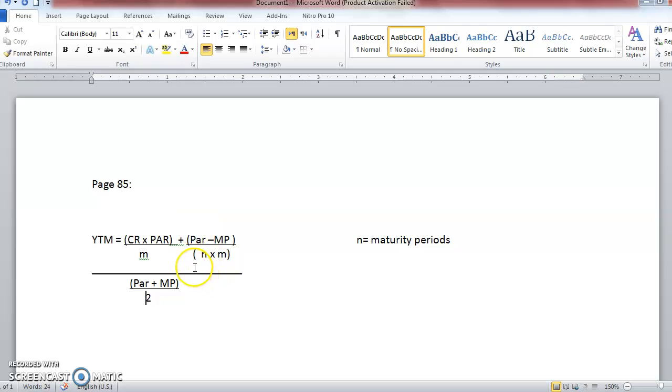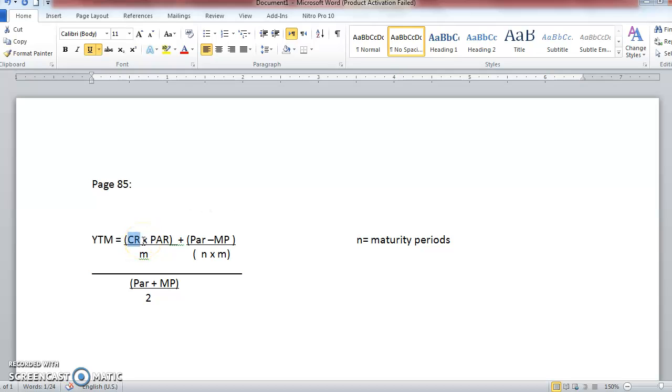Just the same one, it's just quite detailed. I'm explaining the textbook formula first, and after this I will explain my formula. Just the same thing actually, but you can follow which one is easier for you to understand. So CR is referring to the coupon rate in percentage.